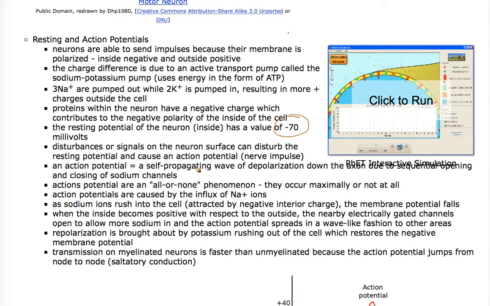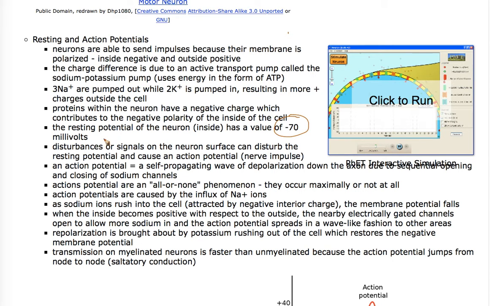In the end, there's more positive charges outside than inside. On the inside, there are also negatively charged proteins. So the inside ends up, as a result of the sodium outside and the negatively charged stuff inside, about 70 millivolts negative, and on the flip side, the outside would be 70 millivolts positive.